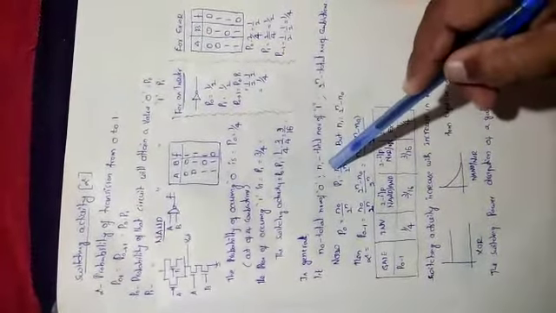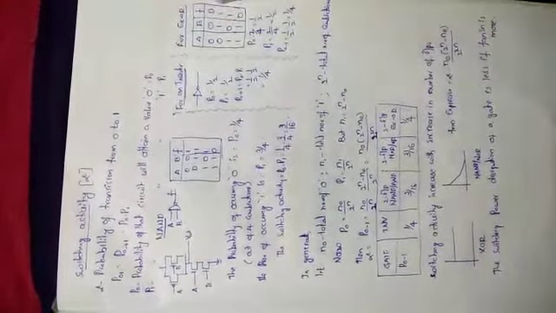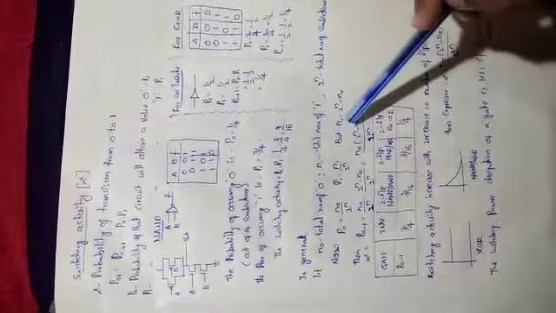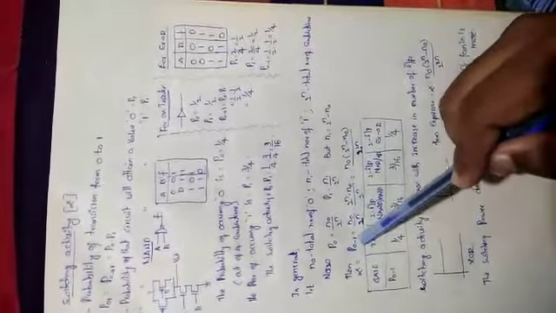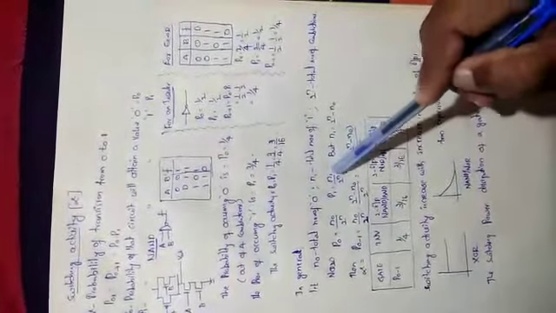For the XOR gate, the total number of combinations is 4, and out of that I have only 2 zeros, so 4 minus 2, that is 2 power n minus the number of zeros, gives only 2. So the total number of ones is the total number of combinations minus the total number of zeros. So the switching activity is P0→1 equals n0 divided by 2 power n, and substituting n1 with 2 power n minus n0, the whole expression is n0 times (2 power n minus n0) divided by 2 power n squared.